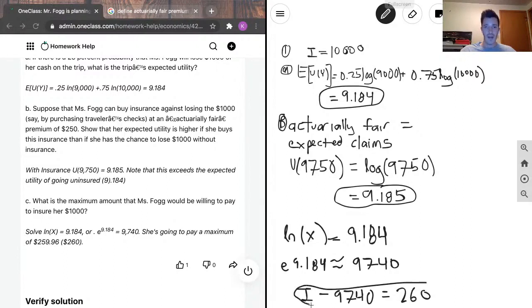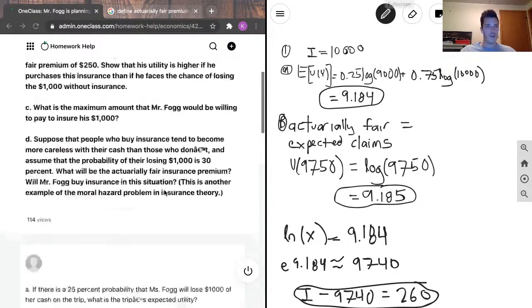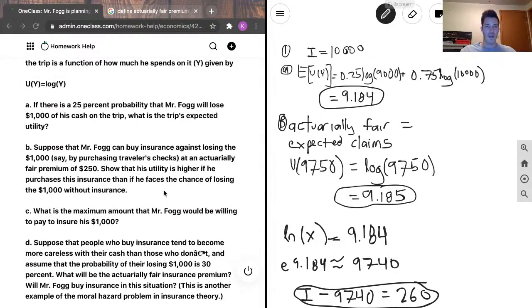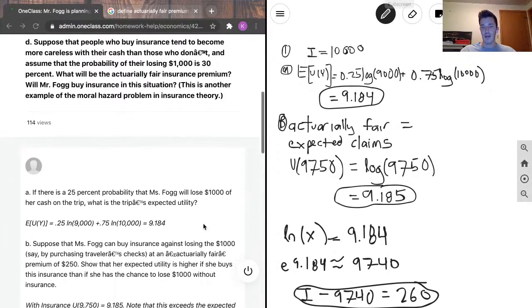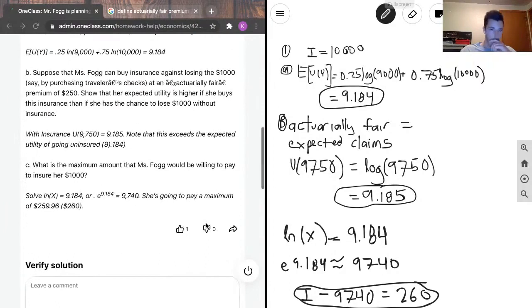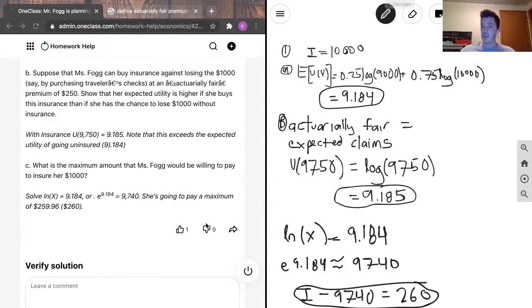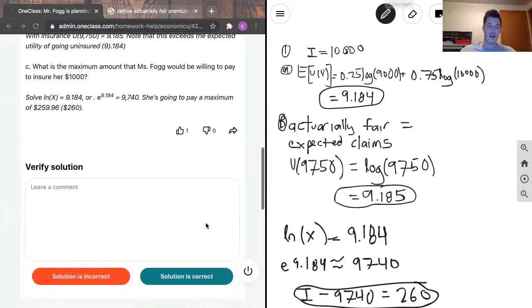So given that the maximum they're willing to pay is $260 for insurance, the fact that they paid $250 means that they're going to be better off, right? So in part B here, they purchased it at an actuarially fair premium of $250. But given that they would have paid up to $260, they got a better deal, and therefore they're better off.